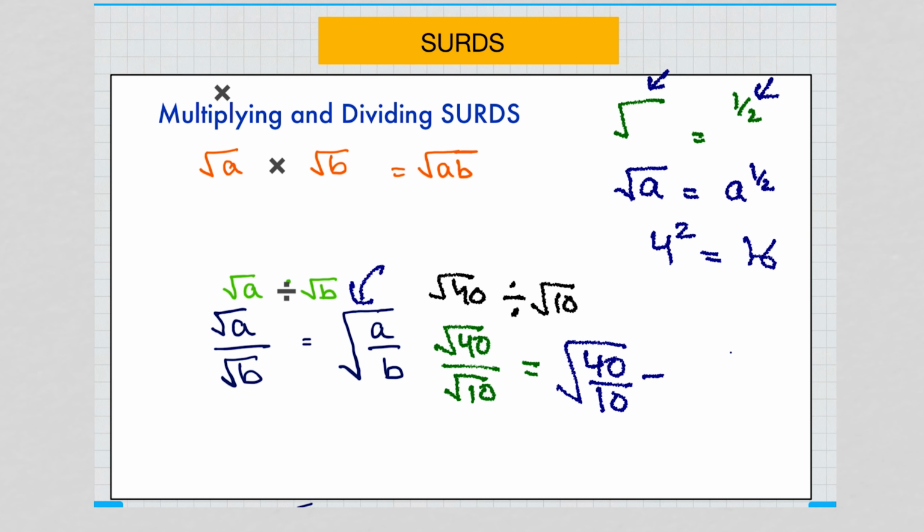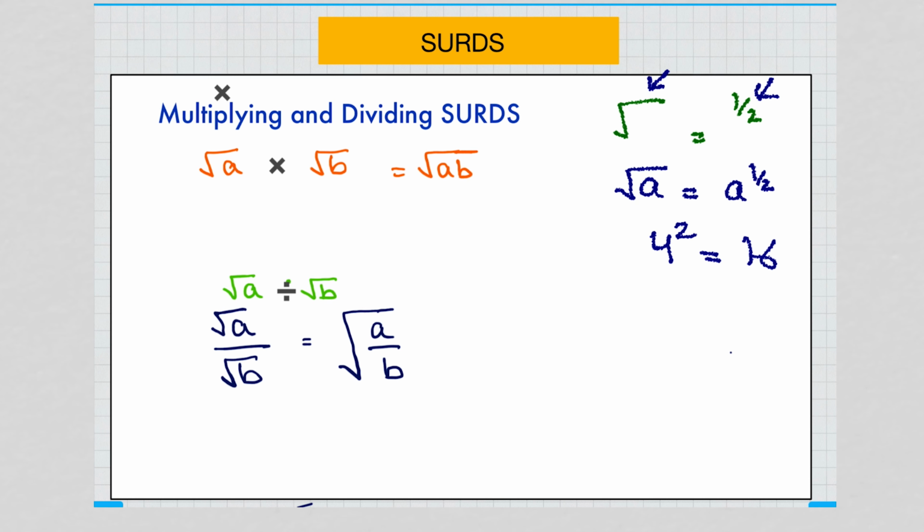Very next step, what you can do is simplify it. We know that 40 divided by 10 is just 4, and square root 4 equals 2. Easy peasy lemon squeezy, only when you practice it.